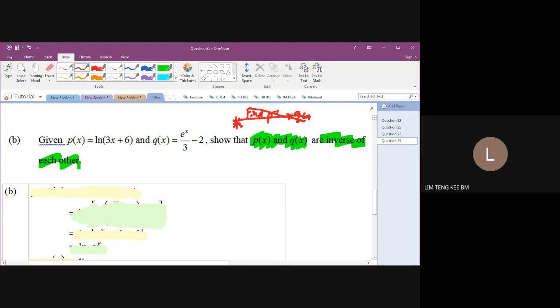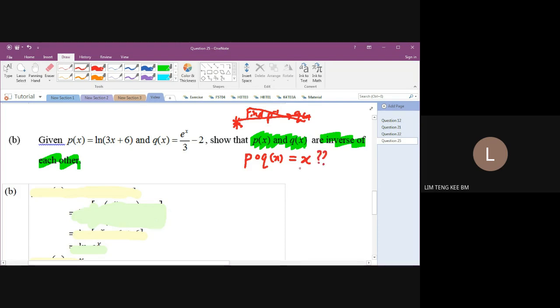By right, what you're supposed to do is try to show it by the properties of inverse. The property of inverse we want to apply here is to find out when I have the composite of P and Q, can we get it equal to x or not?